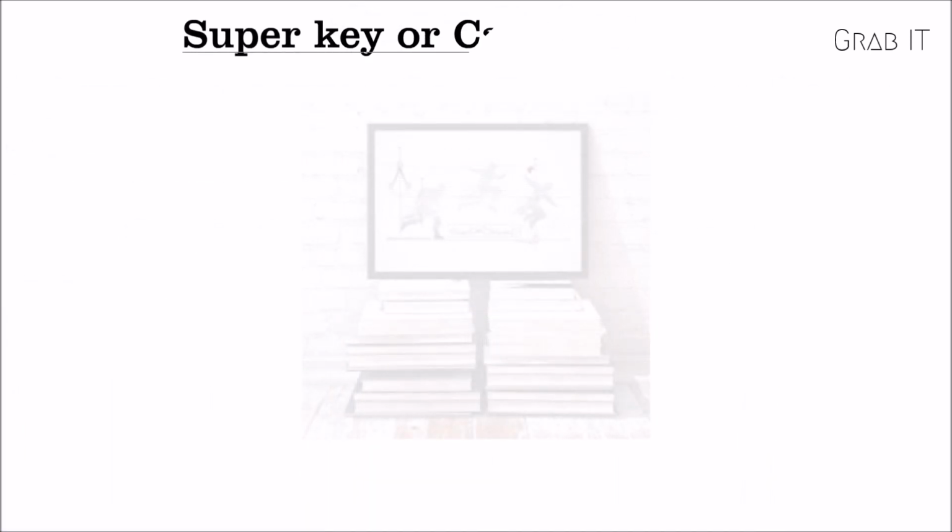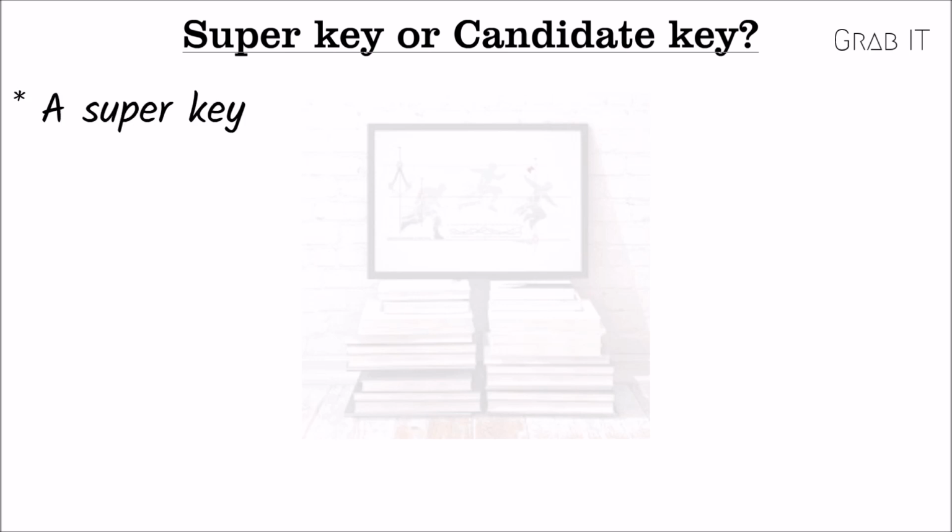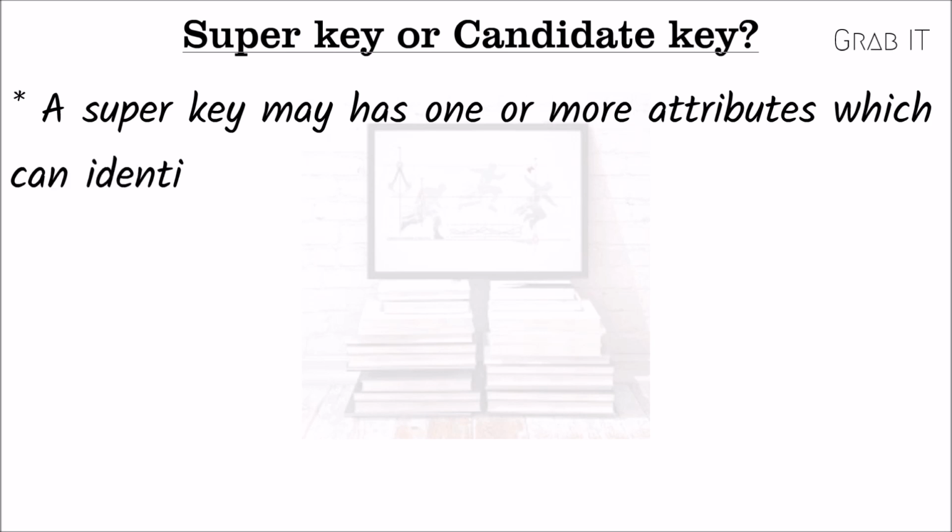Super key or candidate key. Most DBMS learners get confused about super keys and candidate keys. But let's get clear. A super key may have one or more attributes which can identify a tuple uniquely.